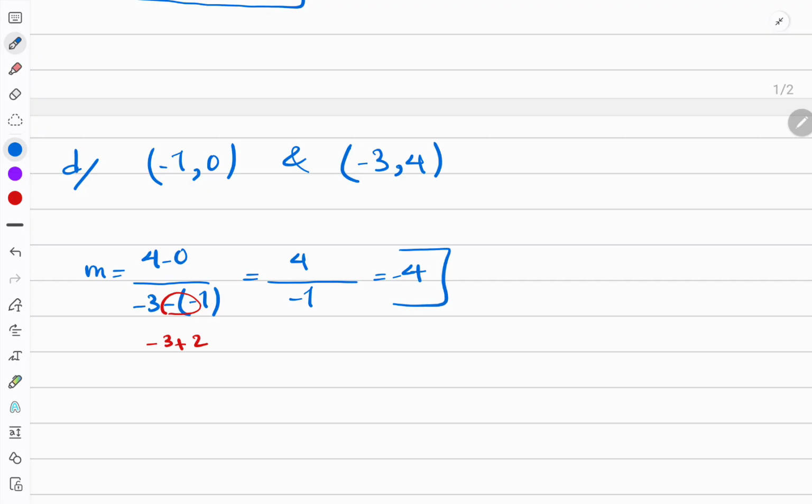But we don't have y-intercept because this is x-intercept and the x-coordinate of this point is negative 3. So 4 is not y-intercept.